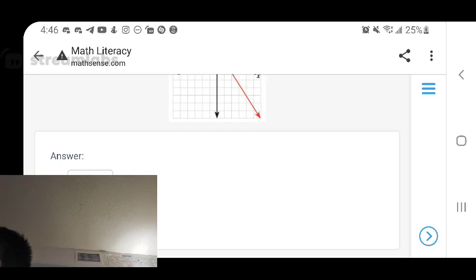Y equals negative ax plus c. Yep, that's right.